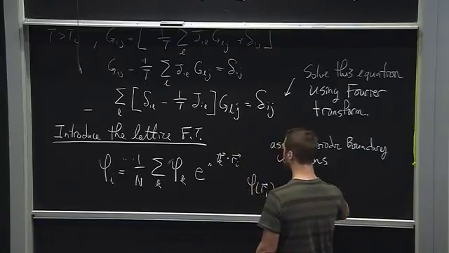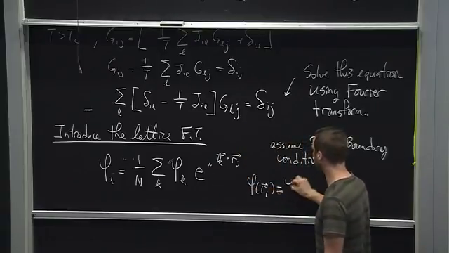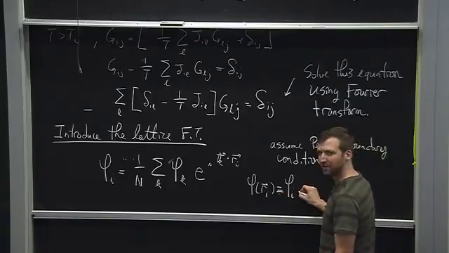So let me define that field. Phi_i is phi at this position vector r.